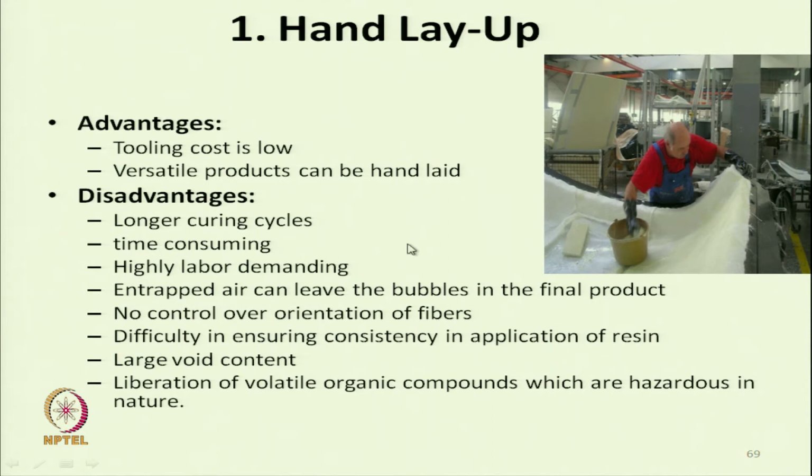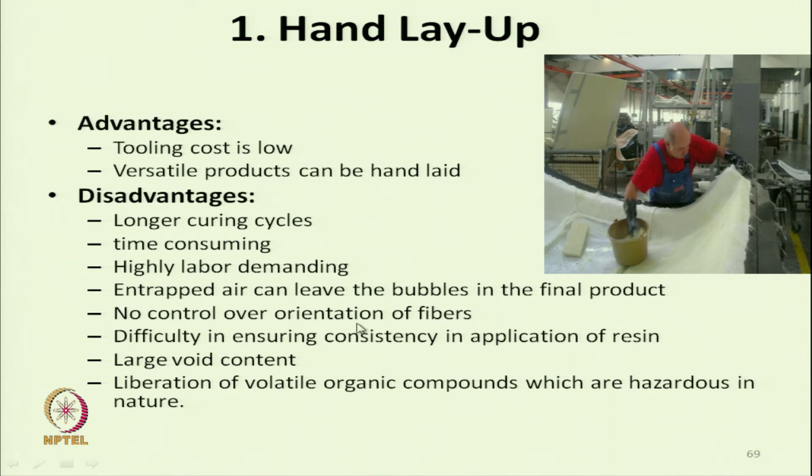So, it is time consuming, high labor demanding, because you need a large number of manual labor, because here we are pouring the matrix, and by hand we are trying to penetrate that matrix material.